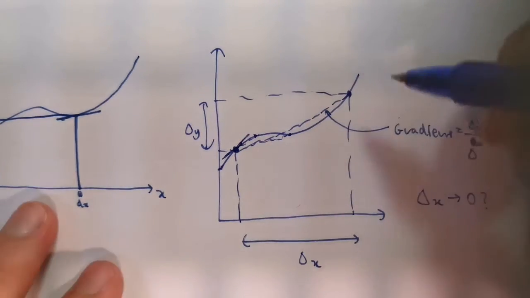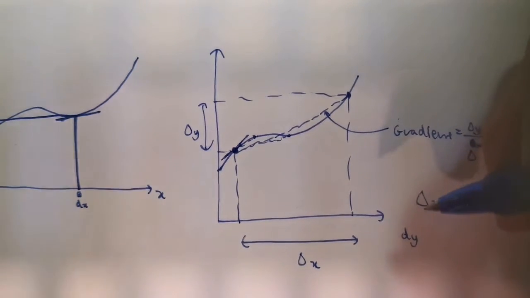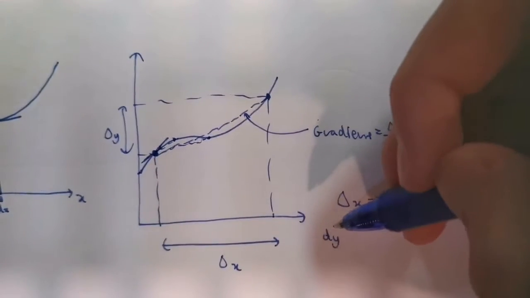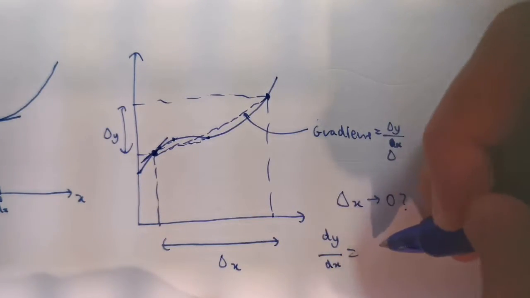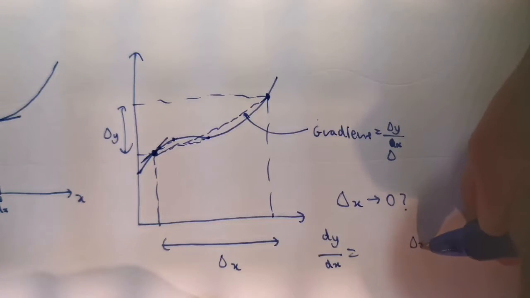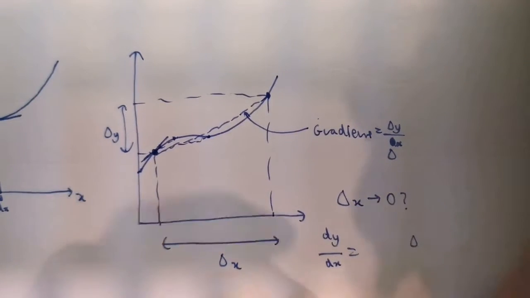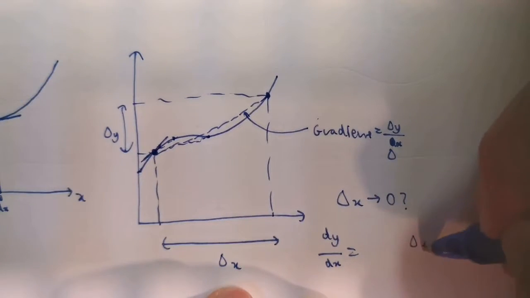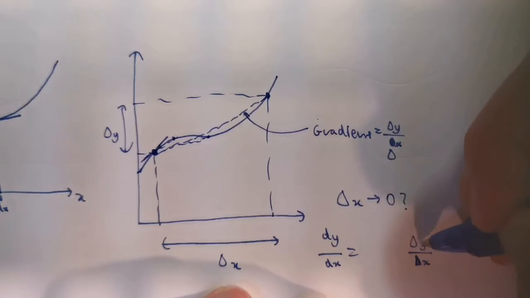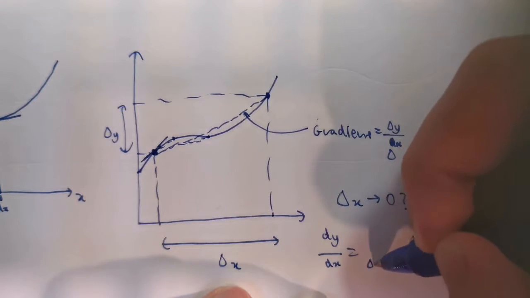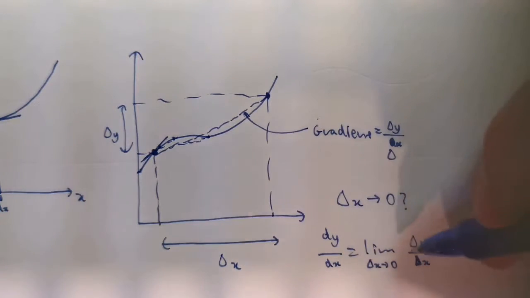So essentially what dy dx is symbolizing is your delta y over delta x as your delta x tends to 0, sort of like a limit.